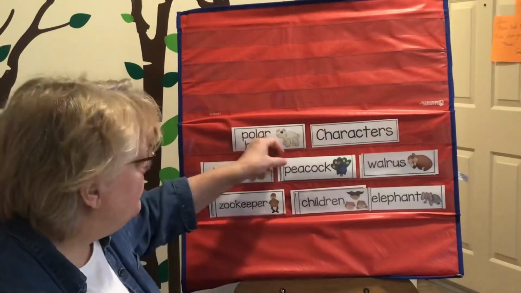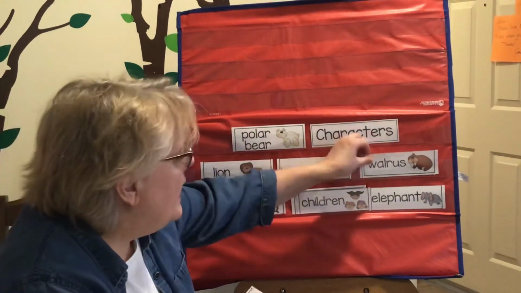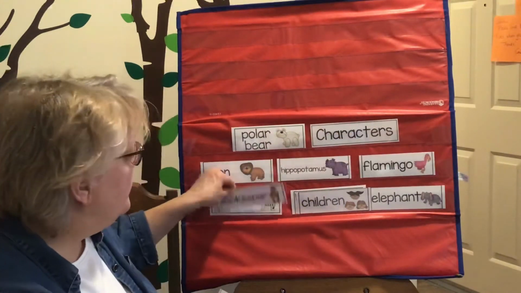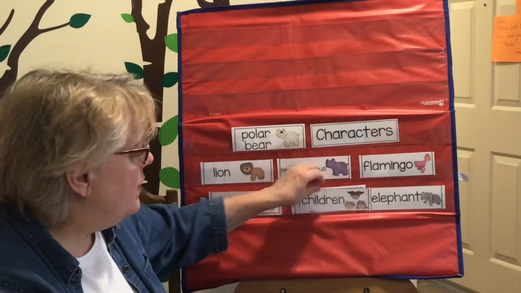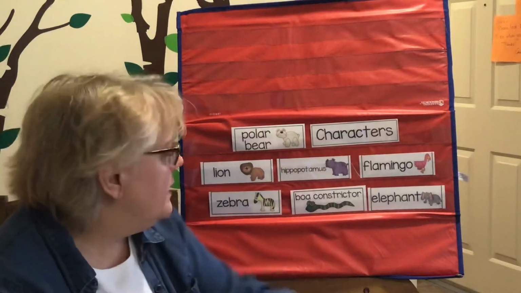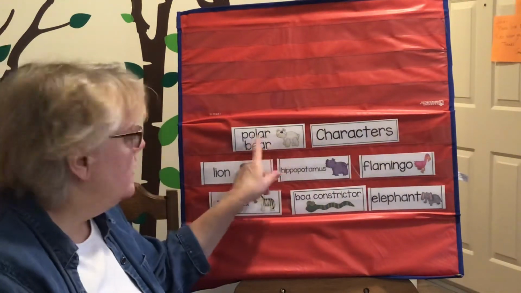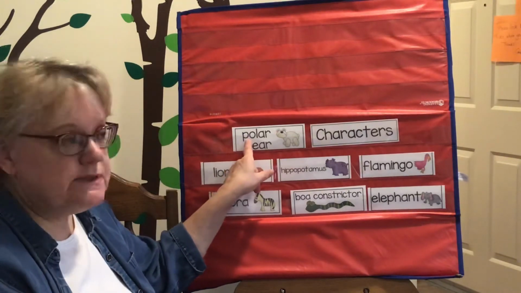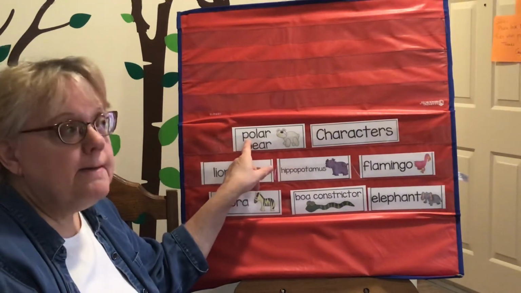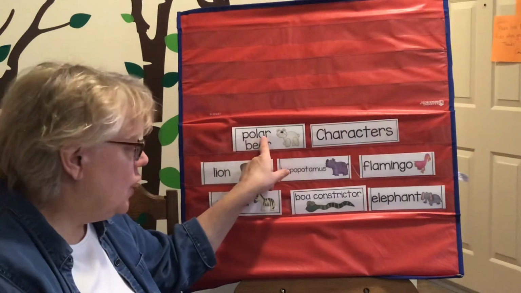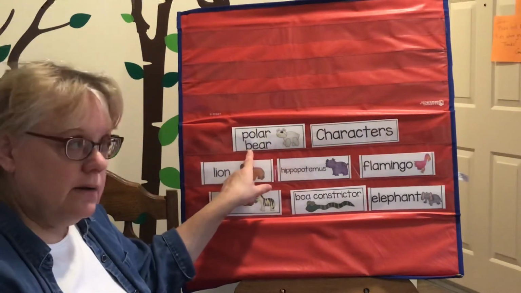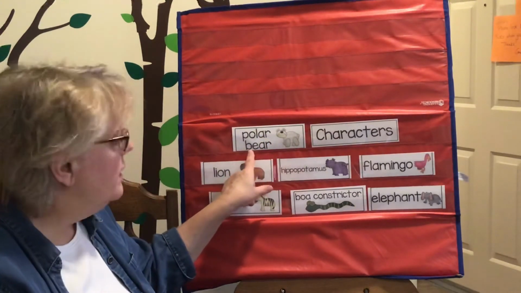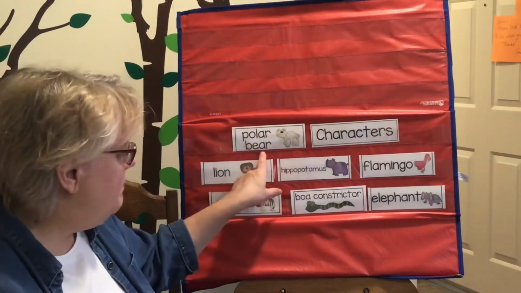So I want to go back for a second and have you help me. I'm going to go back to our first ones and have you help me with the first letter and the sound. Let's see if we can do that. So polar bear starts with the letter P, and the sound is P. P, P, polar, and then B, B, B, bear, polar bear.